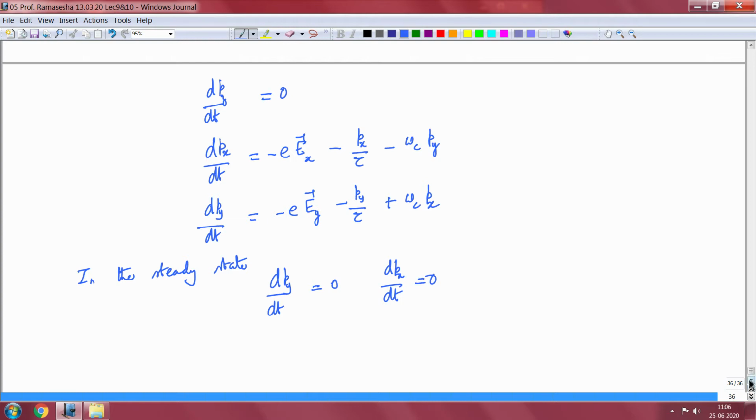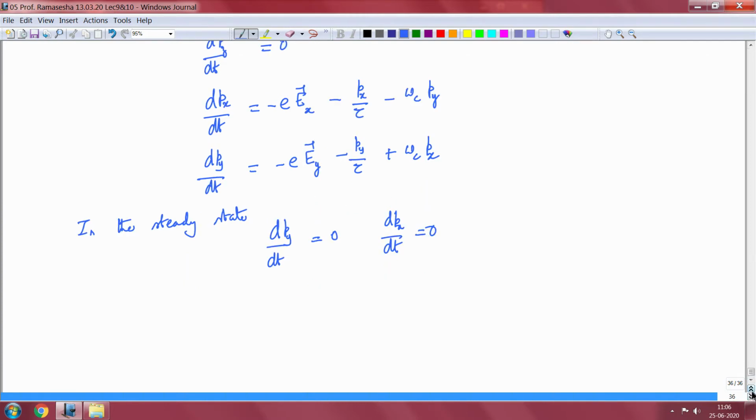I have a steady current, so dpx by dt will be 0, since the current is constant.